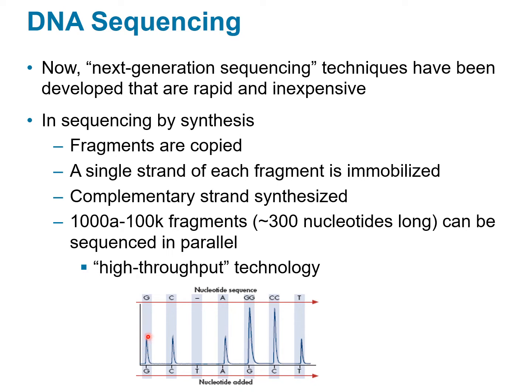So this size peak represents one guanine. This represents one cytosine. And then there's no thymine right here. And then we have one adenine, and then we have two guanines in a row, and then two cytosines in a row, and one thymine. So this represents the DNA sequence. It goes G, C, A, G, G, C, C, T.